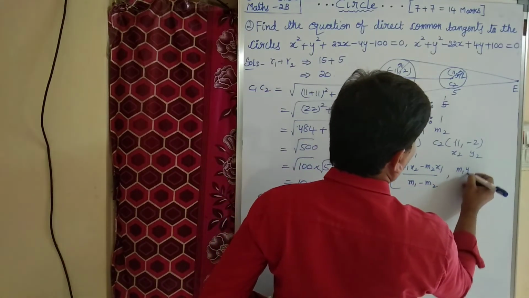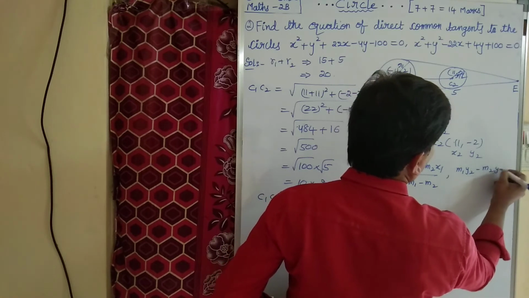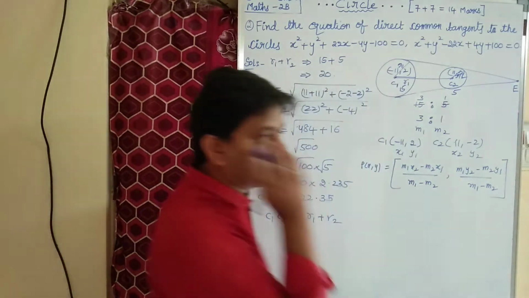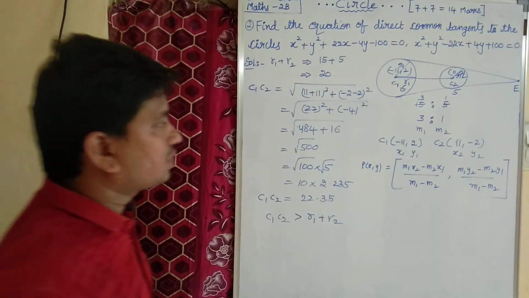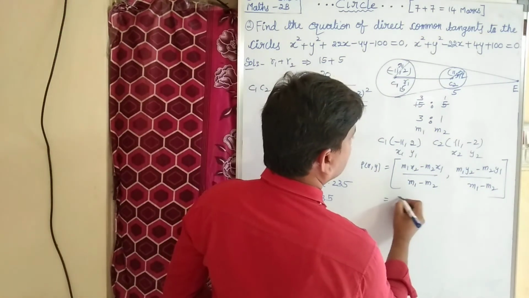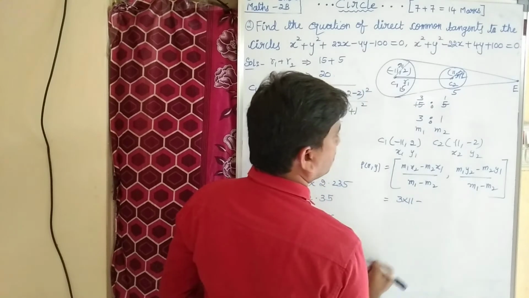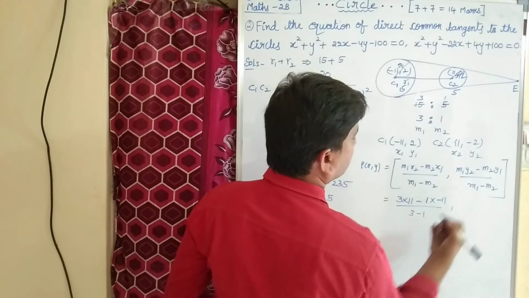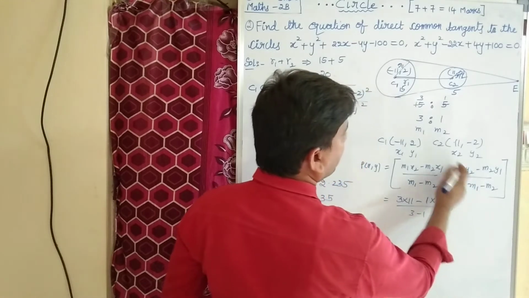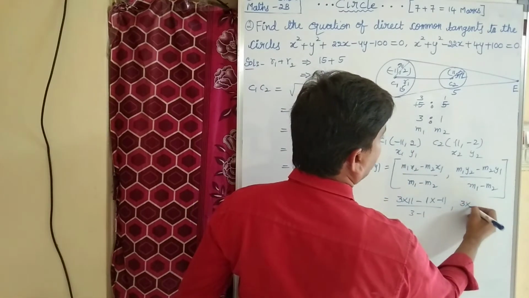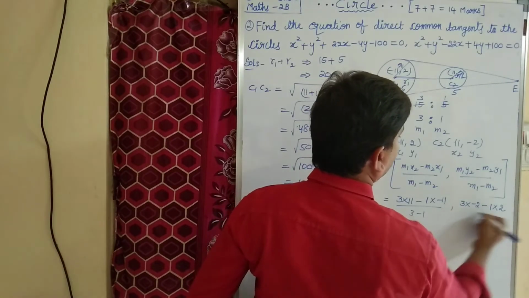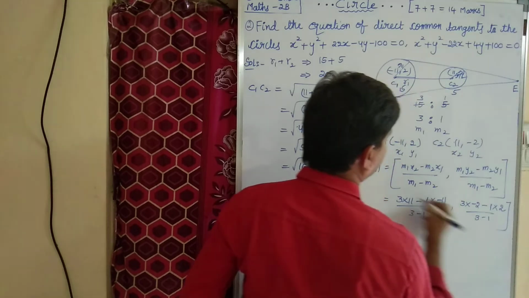Second one, m1 y2 minus m2 y1 by m1 minus m2, because E is an external point. So m1 value 3 into 11 minus m2 value 1 into minus 11 by 3 minus 1, and m1 value 3, y2 value minus 2 minus m2 value 1, y1 value 2 by 3 minus 1.